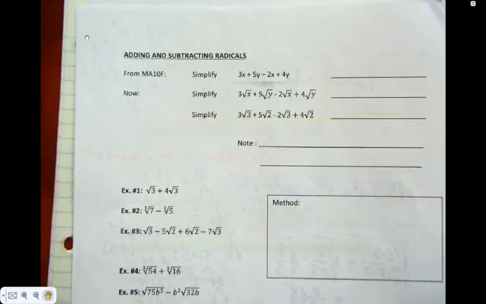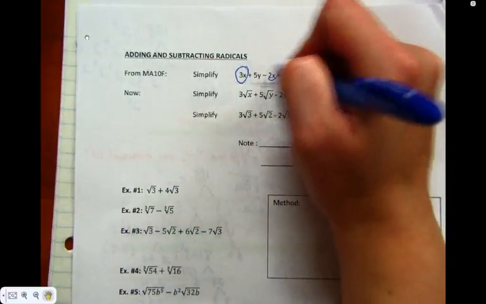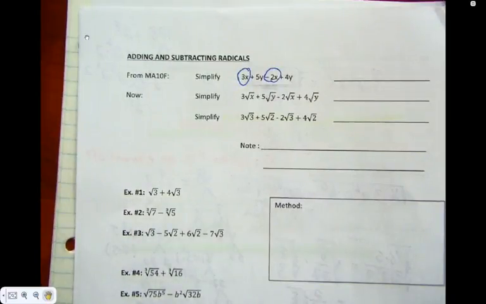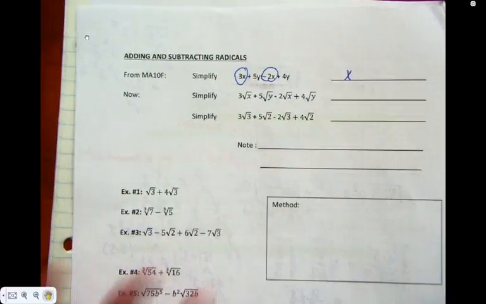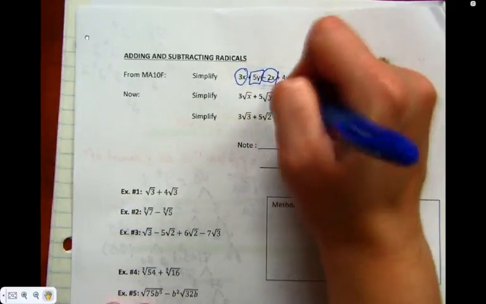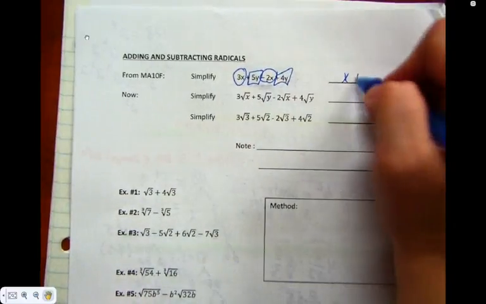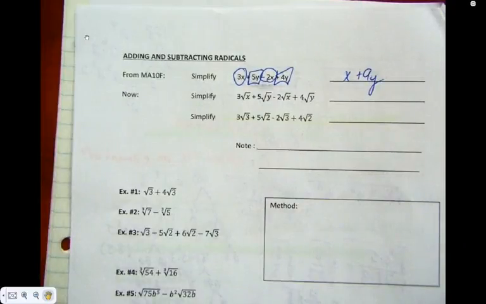So tactile people might be circlers, visual people might underline, auditory people might not care at all. Put the x's together, 3 minus 2 gives us. And then we have 5y and 4y, put those together and we get. Okay, so you did that last year, not a big deal.